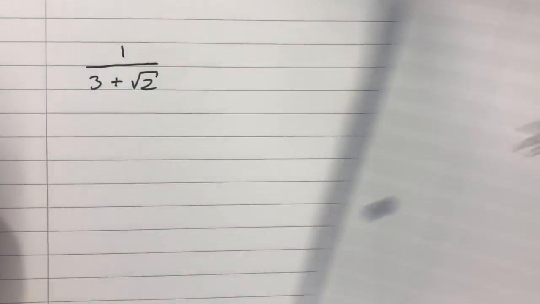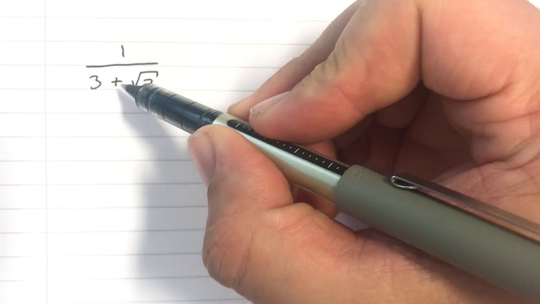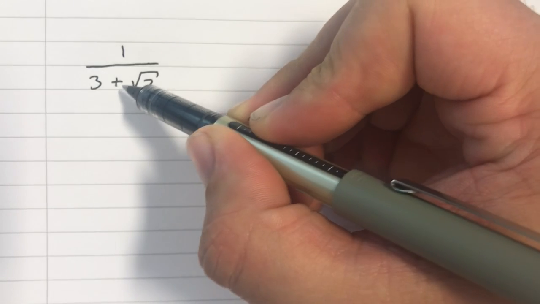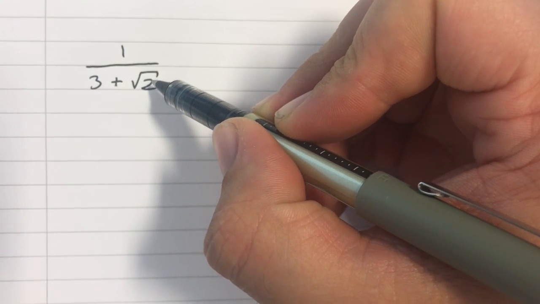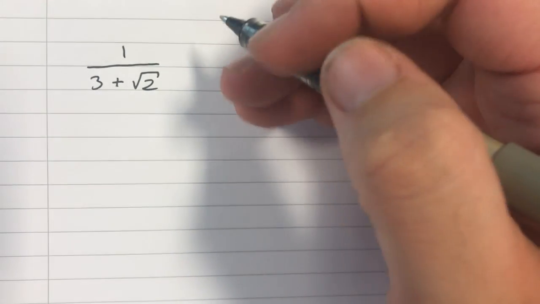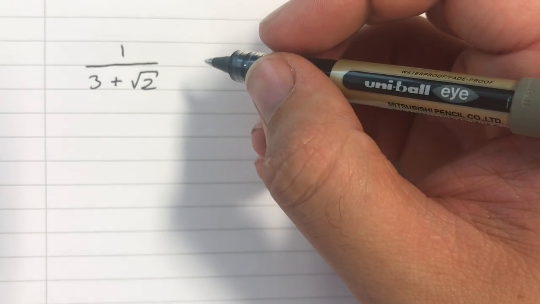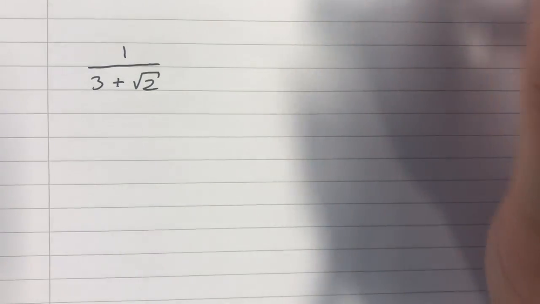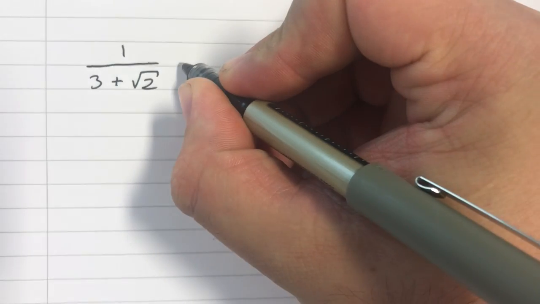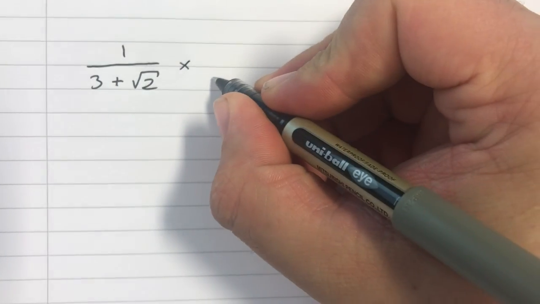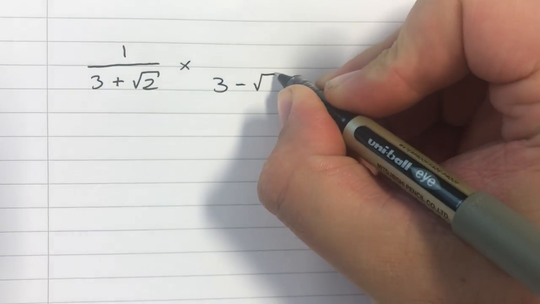More complicated examples are ones where we have the sum on the bottom of a rational plus an irrational. Specifically, we just look at the square roots in these cases. There's a nice little trick here that we can use to get rid of the irrational number on the bottom, and that is to multiply it by 3 minus the square root of 2.